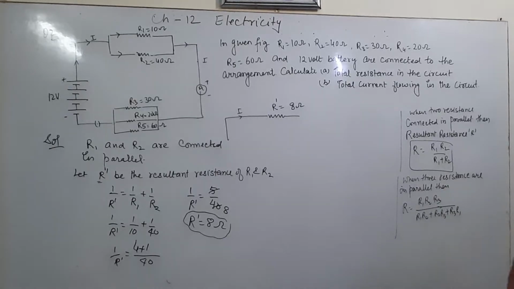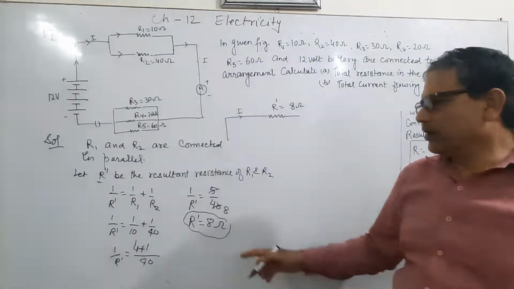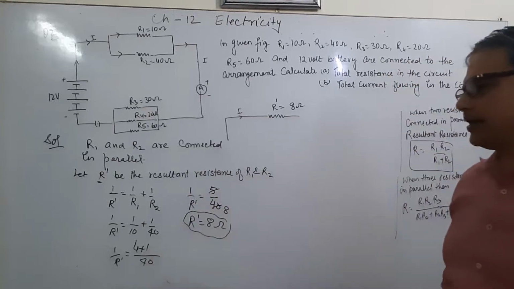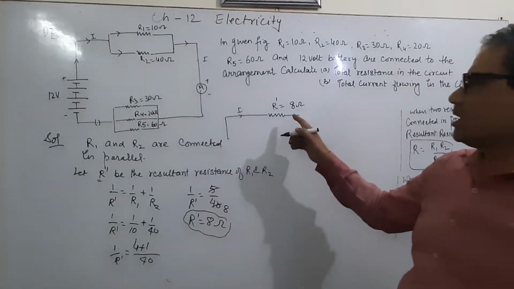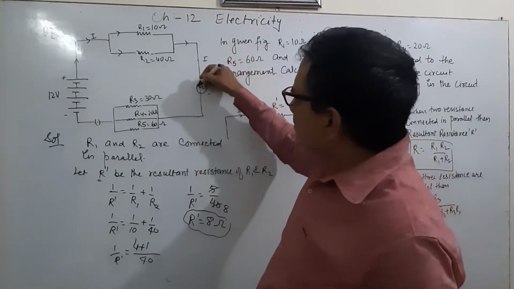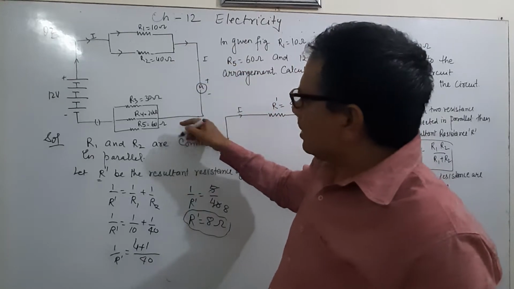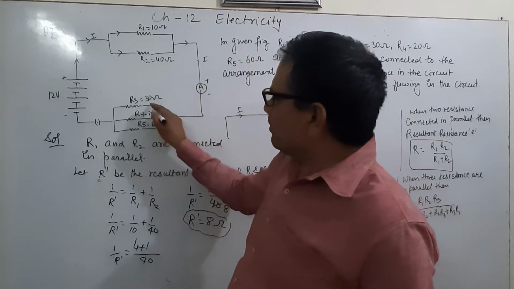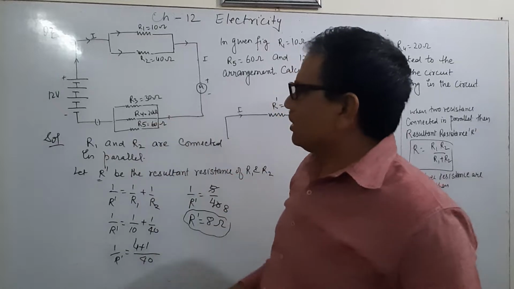We can apply the direct formula, or we can do it by this method by taking LCM. And now this current is passed, again the same current is passed, and this current is also divided in three parts, 1, 2 and 3.